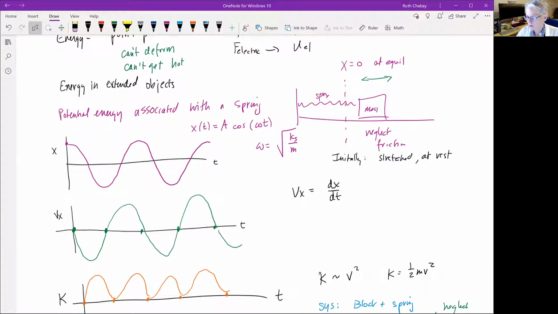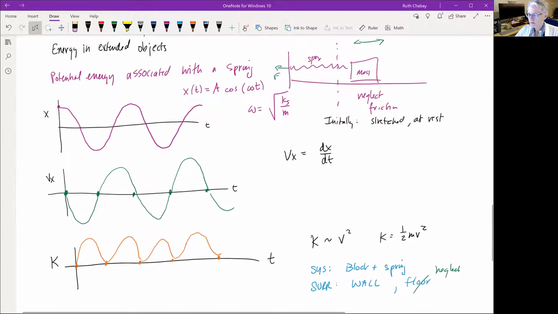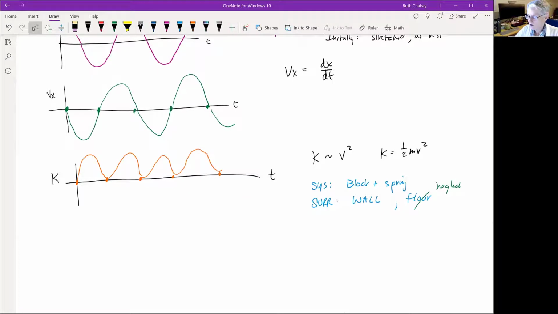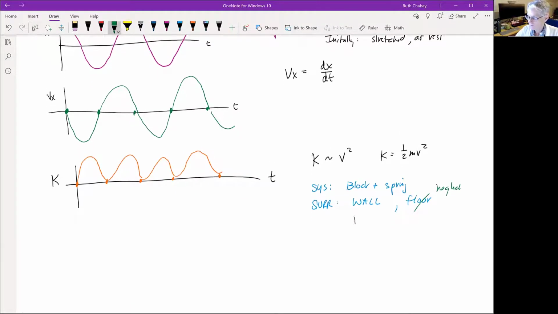When the spring is stretched, the wall is clearly exerting a force. But what's the displacement as the spring moves? What's the displacement of the attachment point of the spring at the wall? That point never moves, does it? So the work by the wall is actually going to be 0. So no displacement.